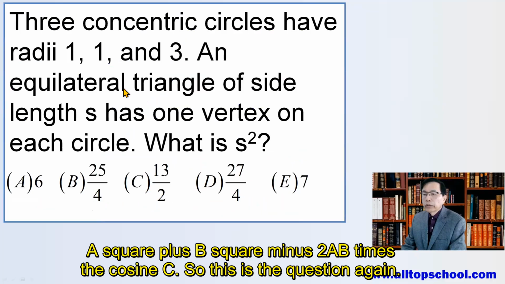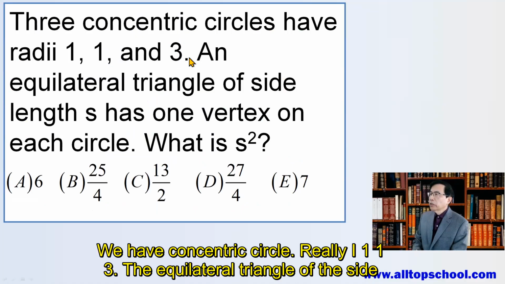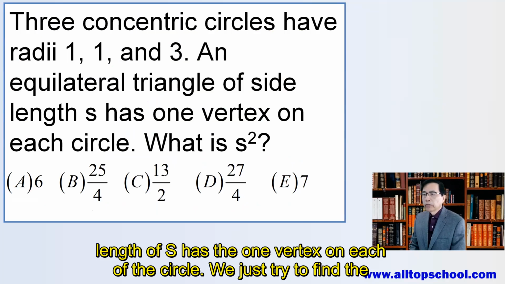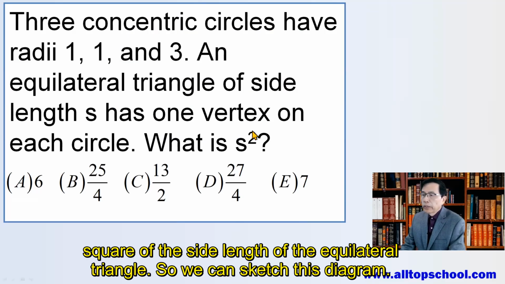So this is the question again. We have concentric circles, radii 1, 1, 3. The equilateral triangle of side length S has one vertex on each of the circles. We just try to find the square of the side length of the equilateral triangle.